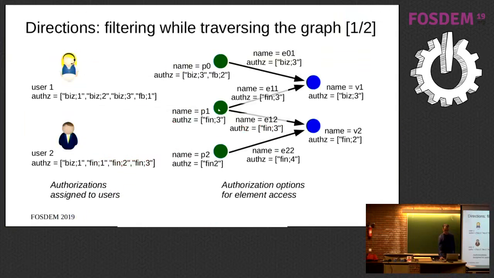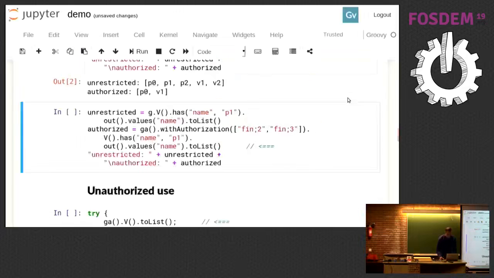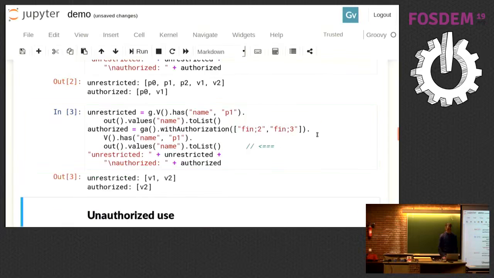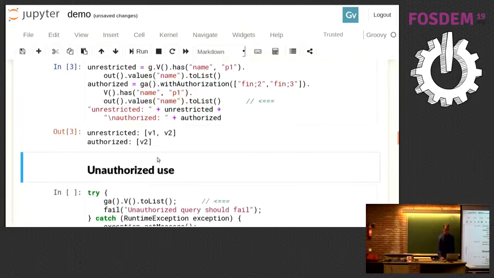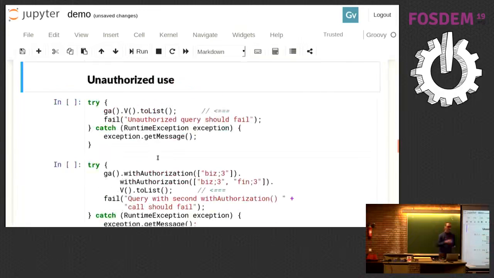We start here, and we provide authorization fin3, so we can go here, okay, fin3, okay, fin2 also provided, but here bis3 is not provided. So when we run this, indeed we only get this second vertex. Okay, so this is again the normal operation.